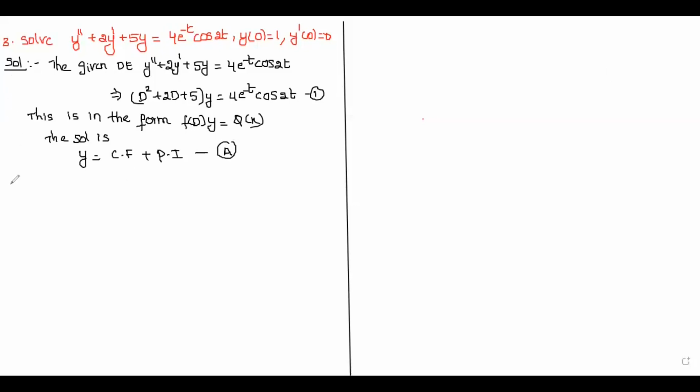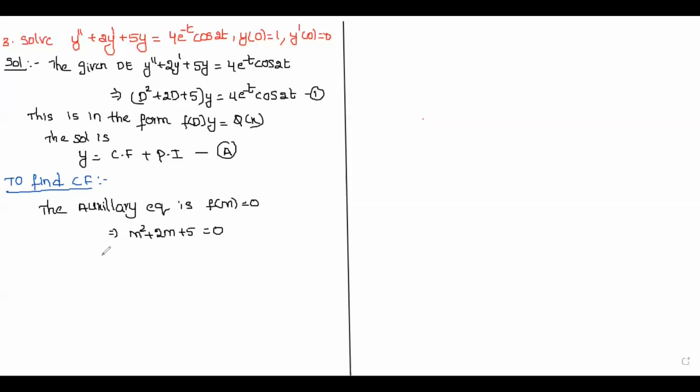Now to find the complementary function, the auxiliary equation is f of m is equal to 0, which implies m square plus 2m plus 5 is equal to 0.